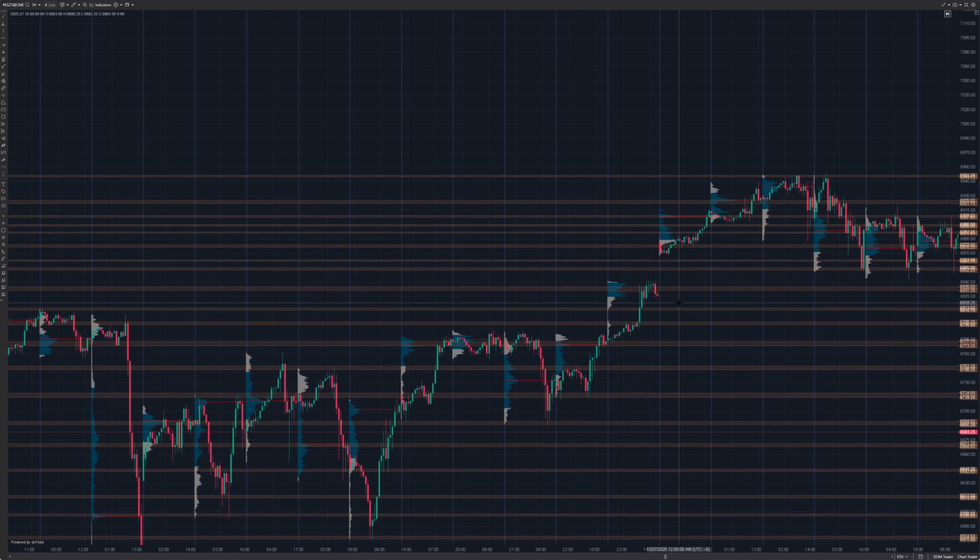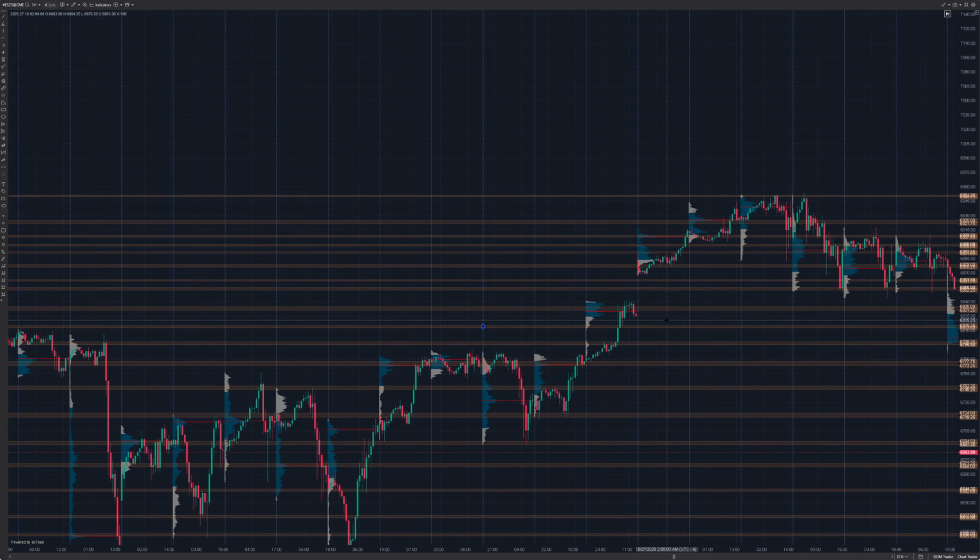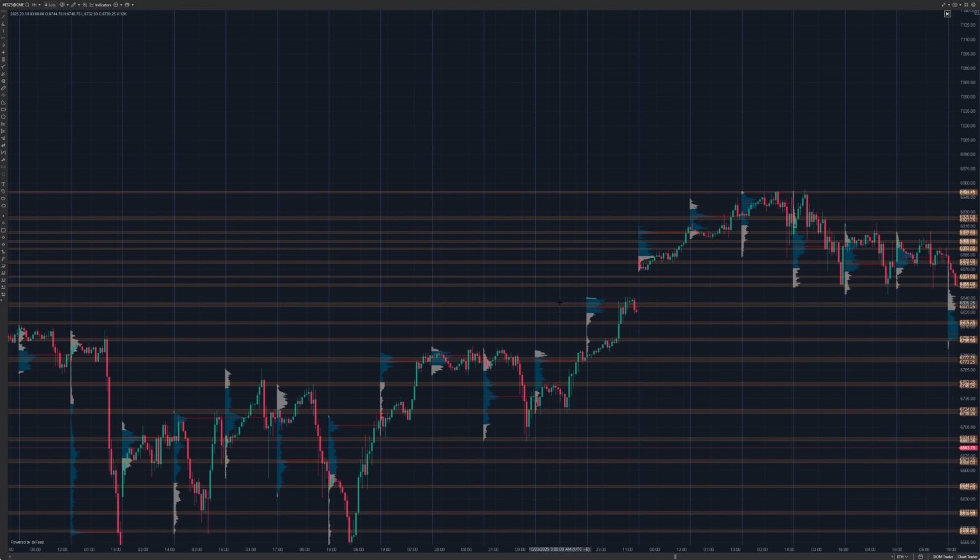This one here, not really, because it's more like this one because the price went down here. So this one is about a POC, but here I would rather take the upper boundaries.